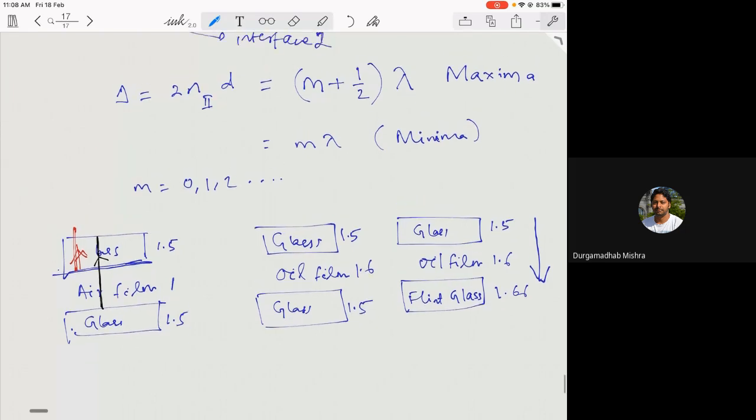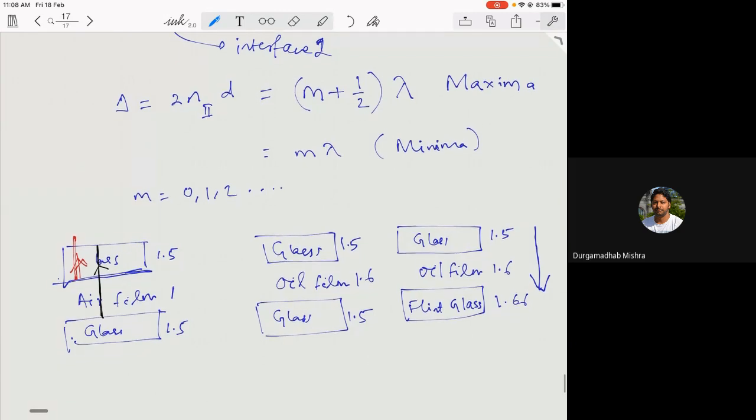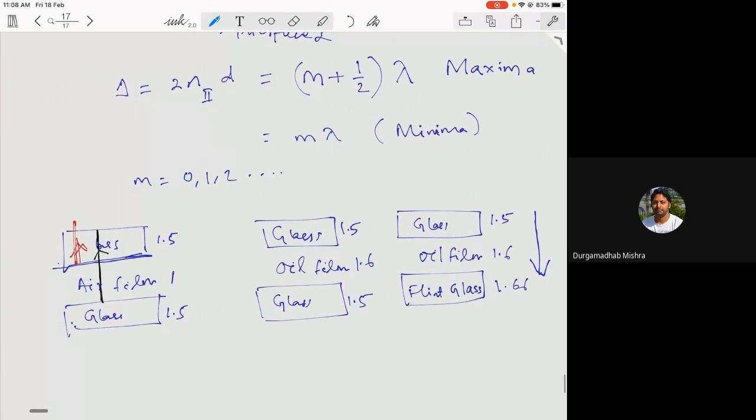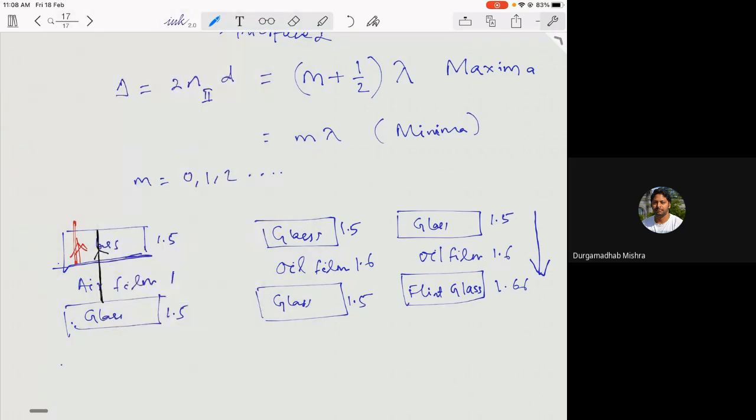And that's why this situation looks very similar to the one we just described, and therefore the condition will remain the same. So that means this delta path difference is m lambda, that is your medium.